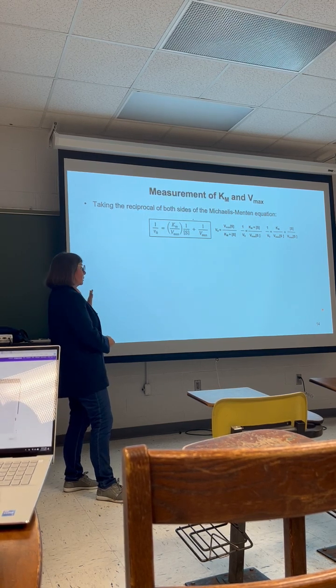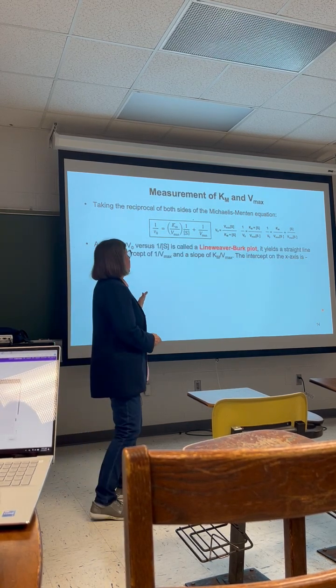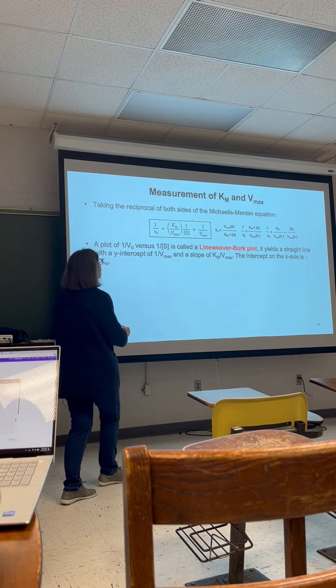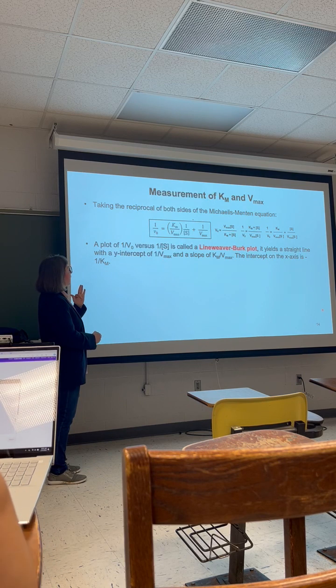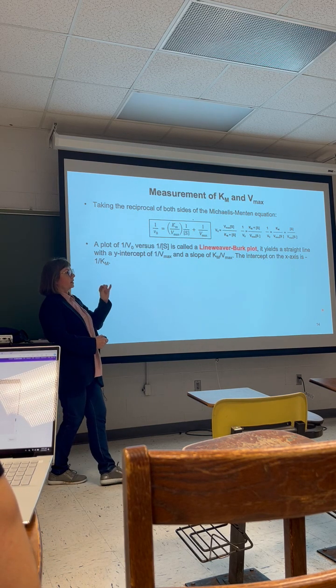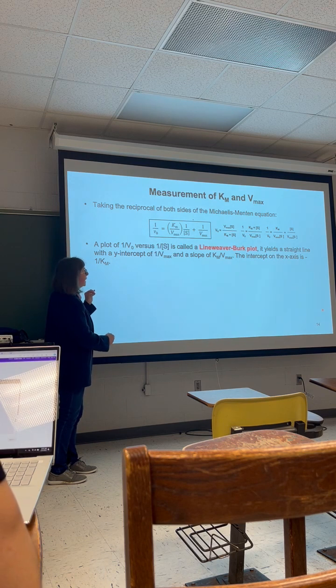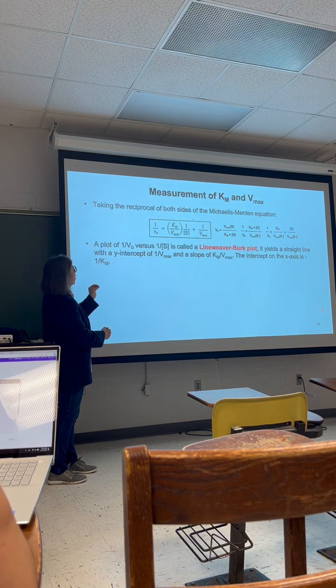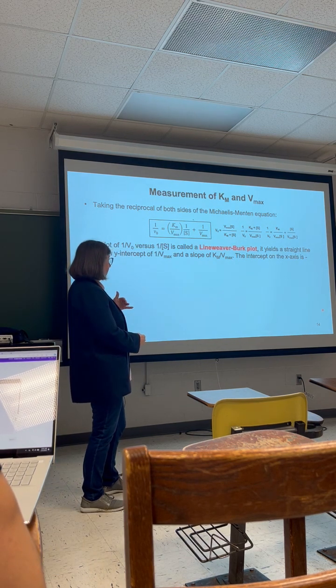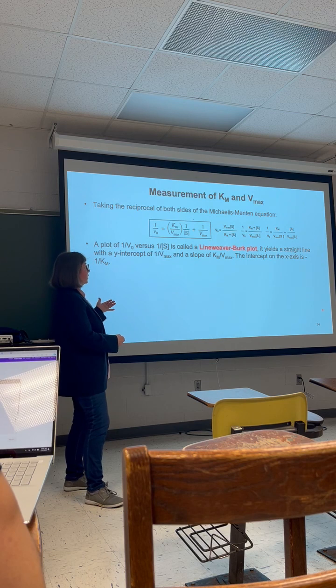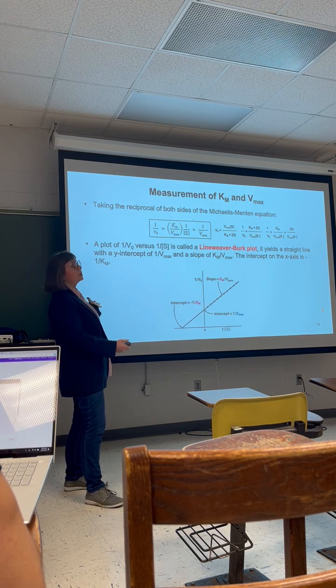Well, hold on, because we now have a linear relationship. If this is y, and if 1 over S is your x, you have a straight line between 1 over V0 versus 1 over S. And this representation is called the Lineweaver-Burk plot that looks like this.